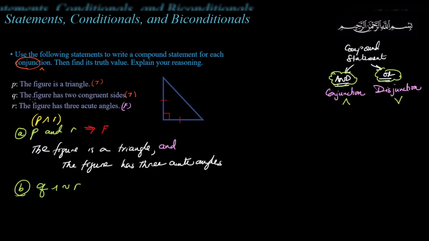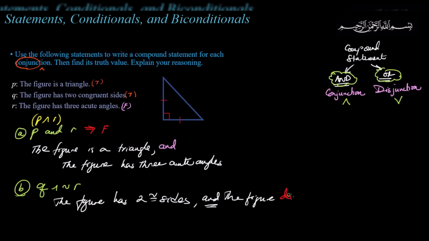The figure has two congruent sides and not R. That says not R. And the figure has three acute angles, so we have to say does not. That would be the negation. The figure does not have three acute angles.